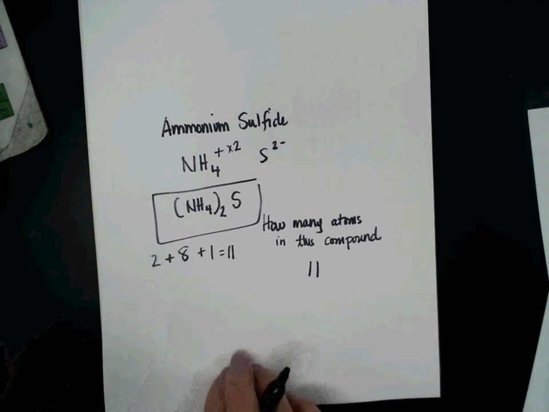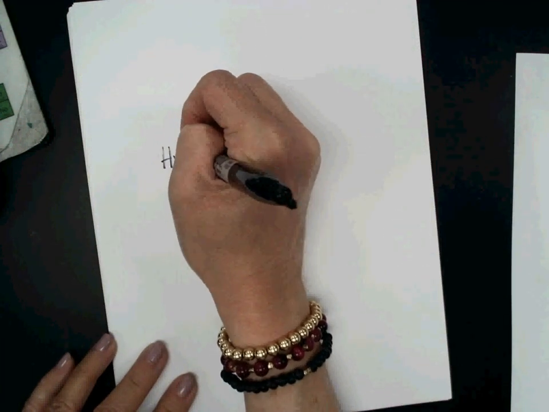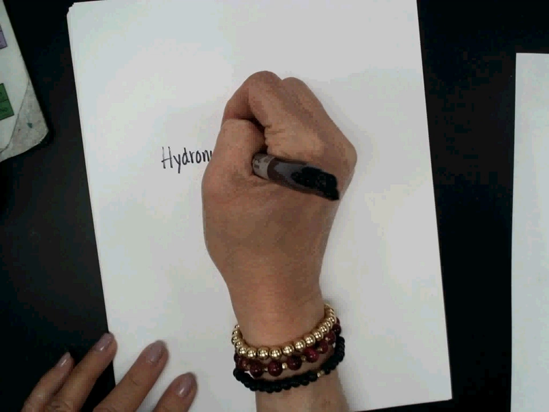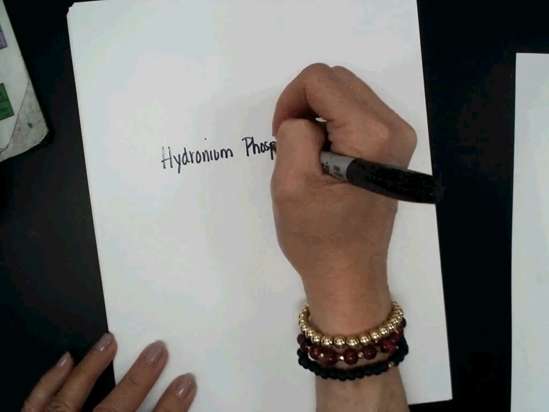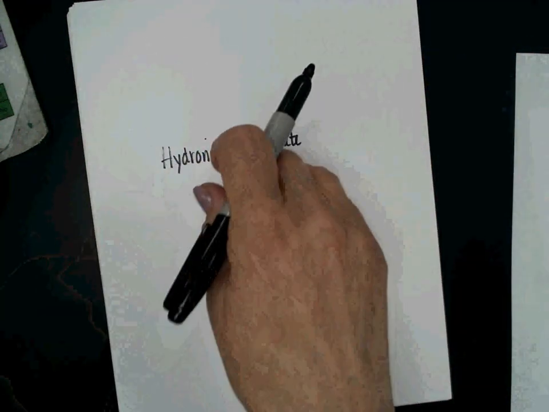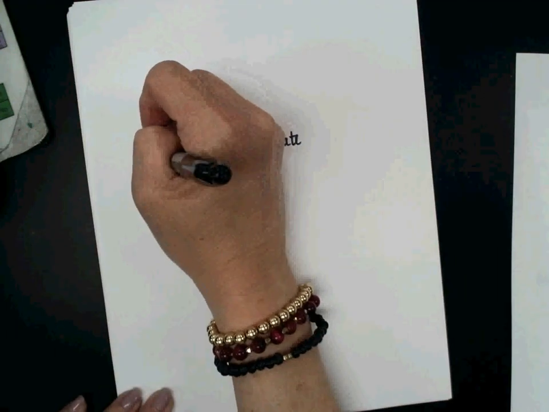Okay. Now, I'm going to give you something totally different. Let's try hydronium phosphate. So you're going to have to get your other cards out because this is not a 1 minus. Phosphate is different. So you'll have to go to your bag and get your other 9 cards out and find phosphate. That'll give you your charge. Hydronium? No, hydronium's up on the board.